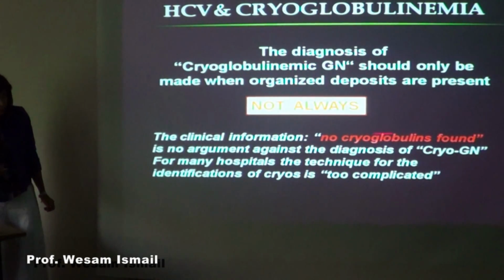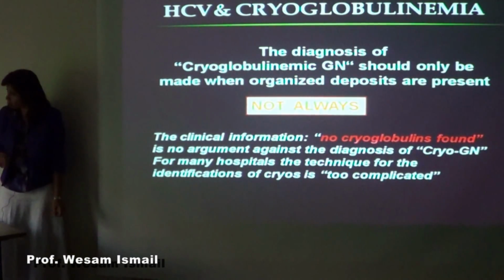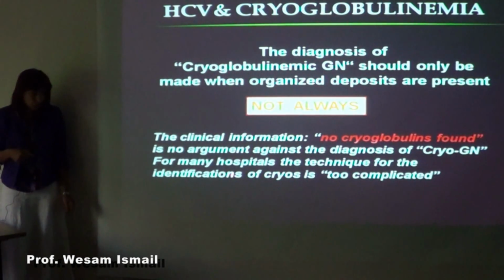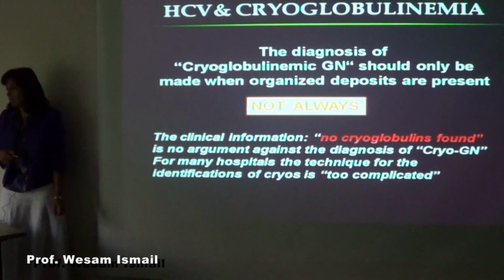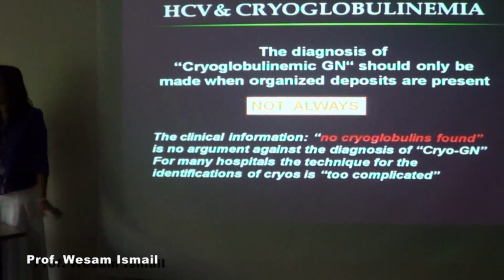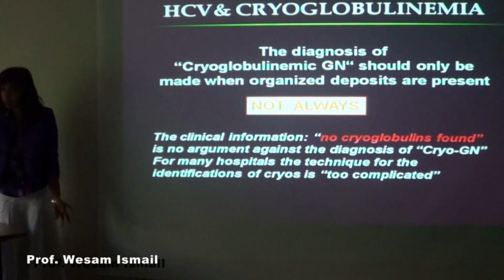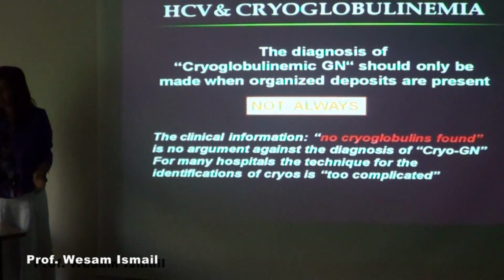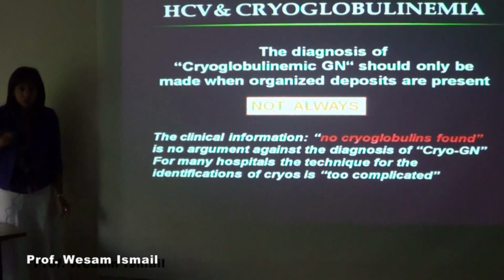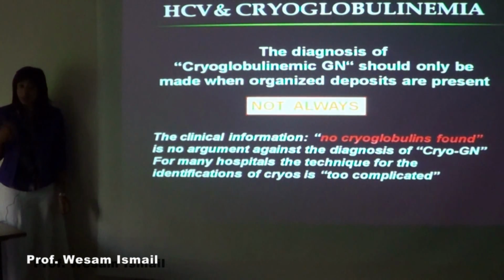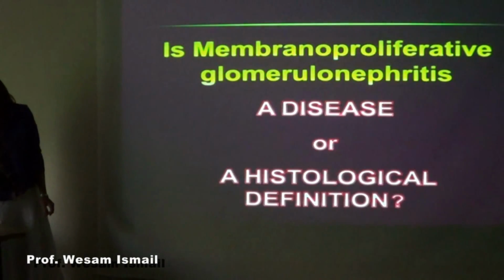And no cryoglobulins found is no argument against the diagnosis of cryoglobulinemia, because for many hospitals the technique is actually too complicated. And not only in our country, this is a worldwide problem. So do not count on the fact, neither clinician or pathologist, that you could not detect the cryoglobulins. That doesn't mean that your patient doesn't have cryoglobulins, and cryo is a serious disease.